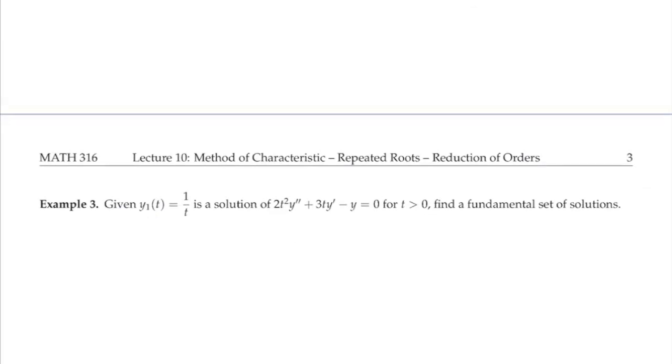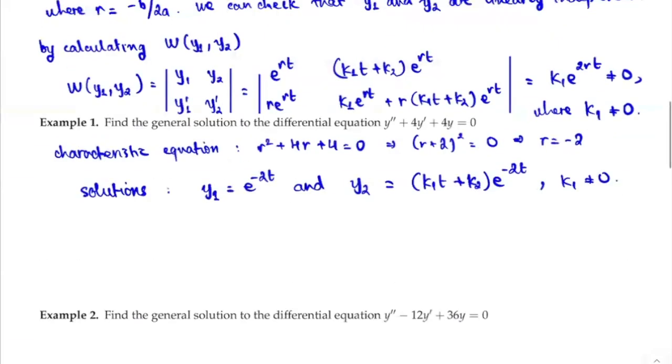Then you have to write down the details of how to get the second solution. However, when you get a linear homogeneous second-order differential equation with constant coefficients, and the characteristic equation gives you a repeated root, you don't have to redo the procedure. You okay with that? Any questions on that?